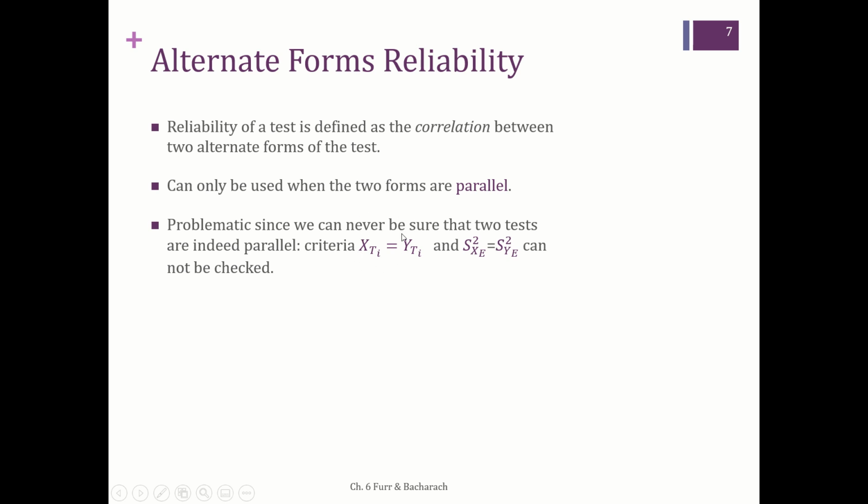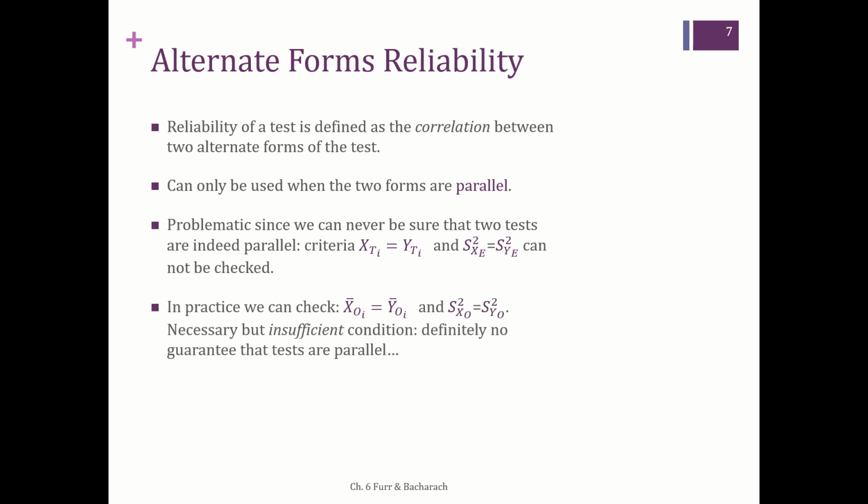There could be differences there, and we can't guarantee that the error variances are the same, because it's really difficult to get two tests with items that measure the underlying construct with the same degree of reliability, the same degree of precision. So we're assuming that they're exactly the same. We can't test that. They probably aren't exactly the same, and that will influence our measure of reliability.